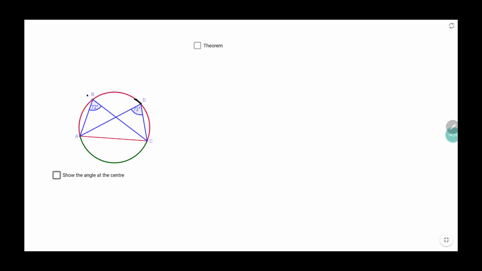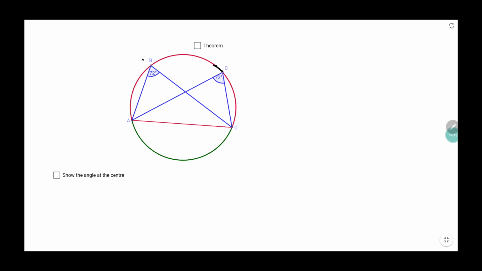Now, what I'm seeing here, we have 2 angles B and D. This angle here is 72 degrees, and this angle here is also 72 degrees. Notice that the 2 angles are formed from the same 2 points, and they are in the same region, the same segment.